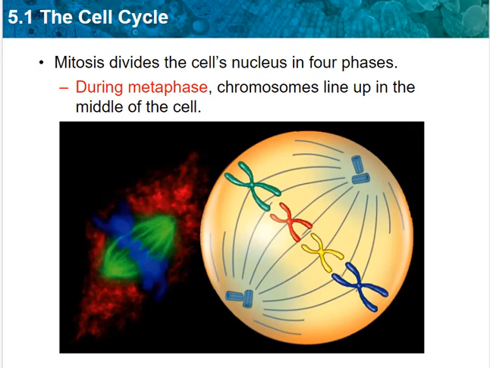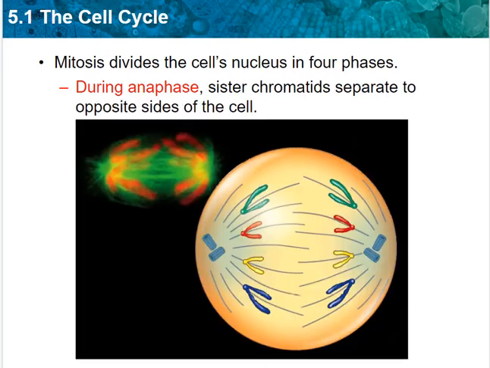And as you notice, they are now being attached by the spindle fibers at the centromeres. The next phase is when the cell begins to pull apart the individual chromatids towards the poles of the cell. This is referred to as anaphase, and this is where sister chromatids separate into opposite sides of the cell.